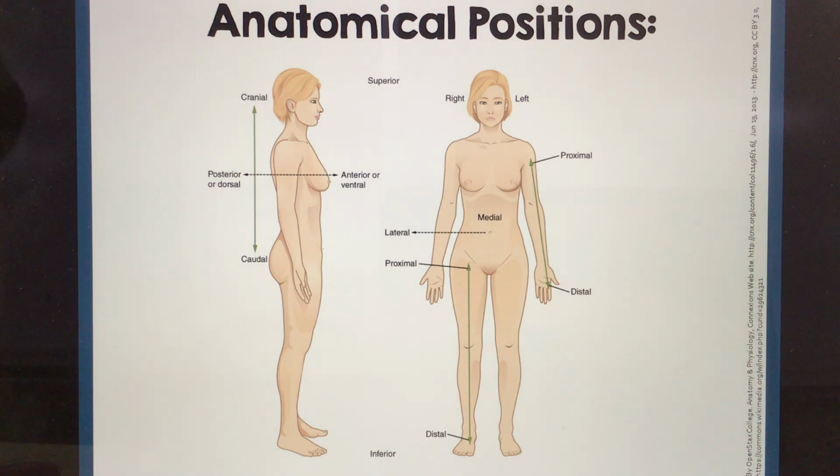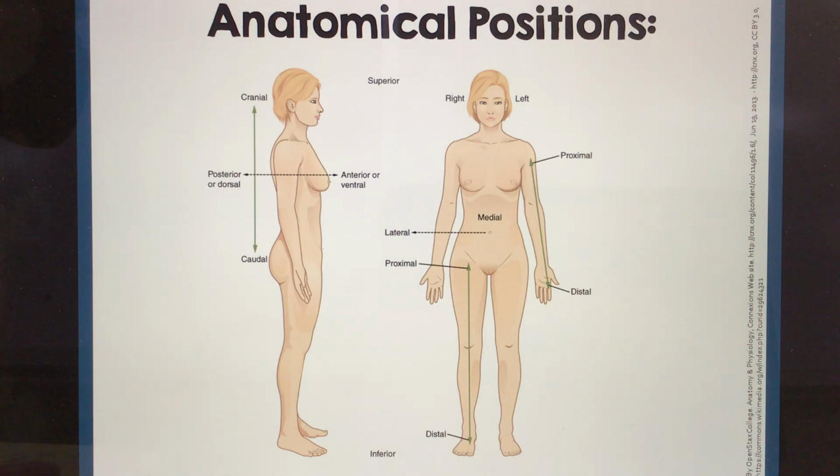All right, so looking at the body on the right side, notice that they're facing forward. When you're talking about right and left, as simple as right and left can be, it can get confusing. When we're talking about anatomical positions and looking at a body, right is going to be their right, not our right when we're looking at it. You can almost think of it as the opposite of what you're looking at.